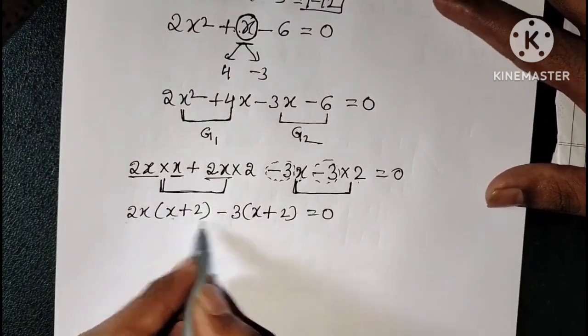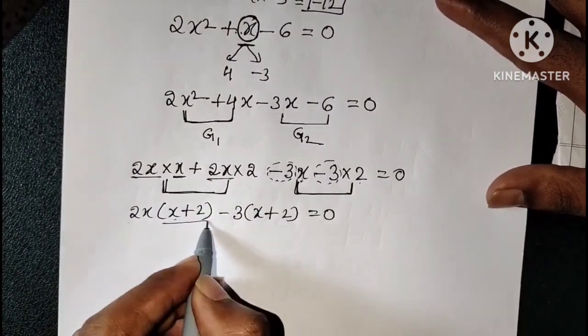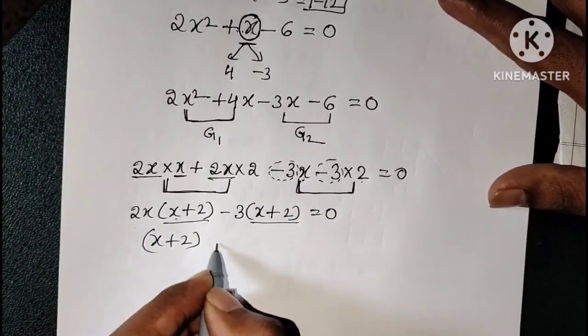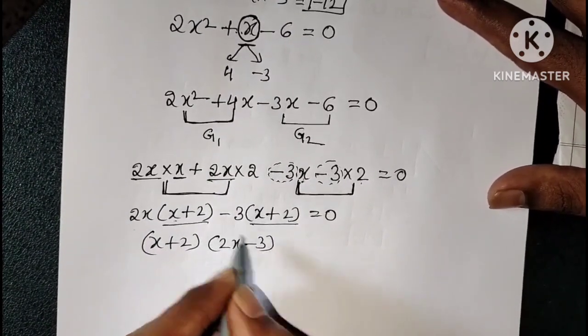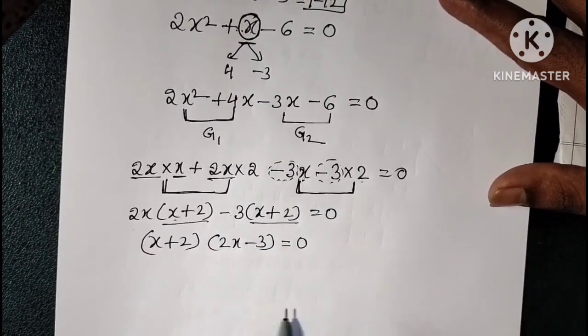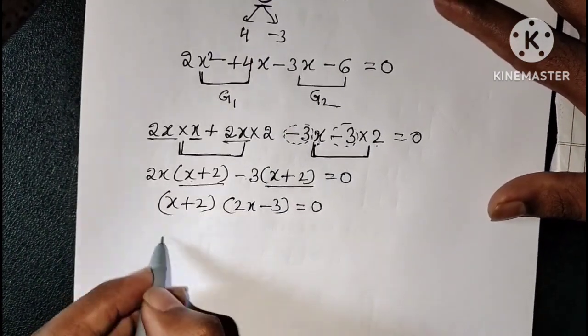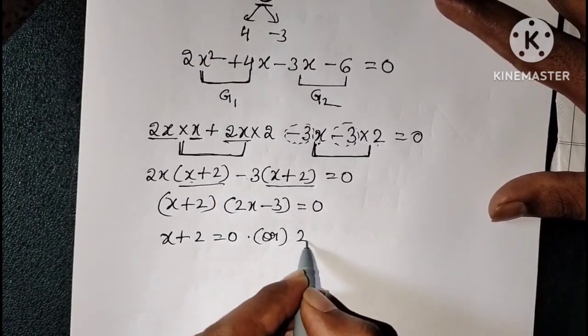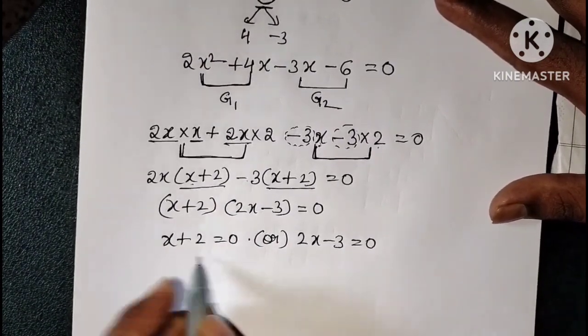Again among these two terms కామన్గా ఏముంది మళ్ళీ కామన్గా x plus 2. x plus 2ని కామన్ తీసేయండి. Here 2x and here minus 3 is equal to 0. This product is equal to 0. Either x plus 2 is equal to 0 or 2x minus 3 is equal to 0.